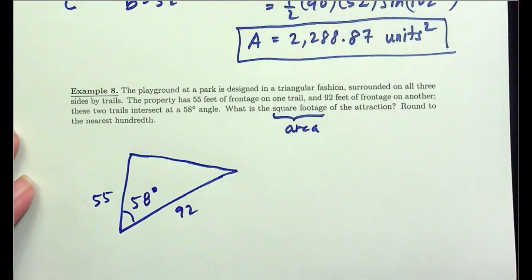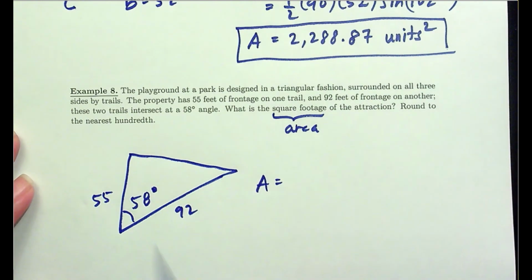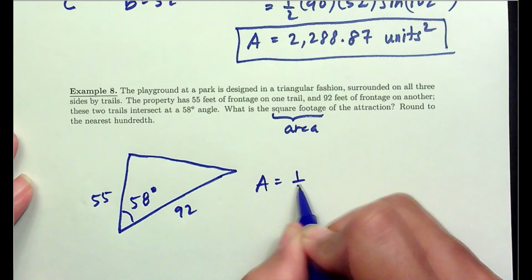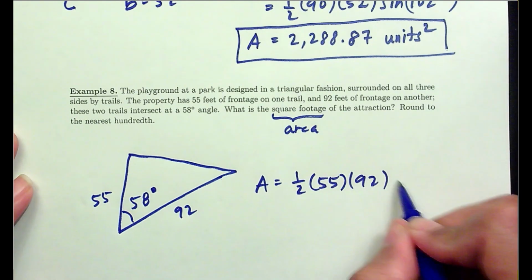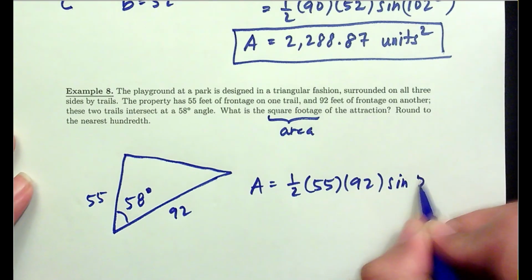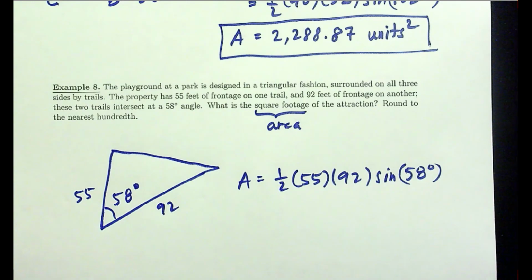Question is, what is the area of this triangle? Well, according to the formula, since I have two sides and the angle between them, it is going to be 1/2 times 55 times 92 times the sine of the angle between them. And that's it. Just put it in the calculator and we have our answer.